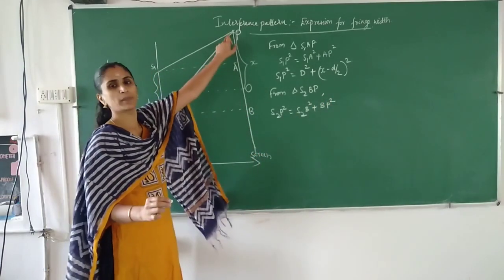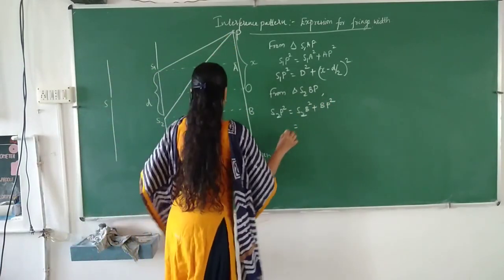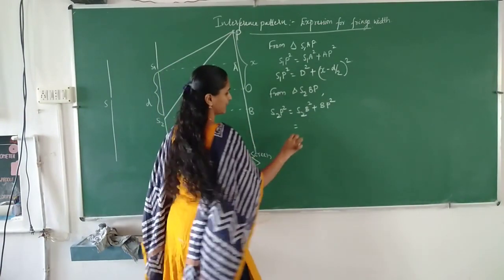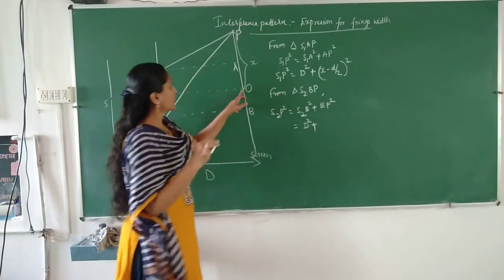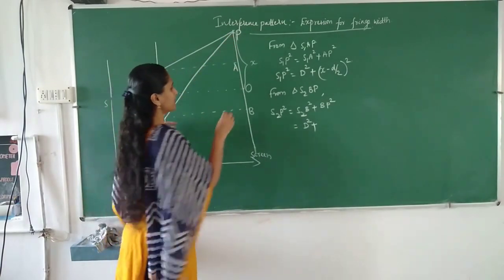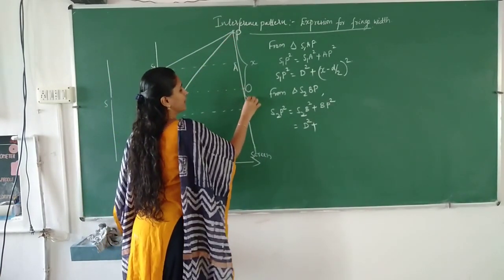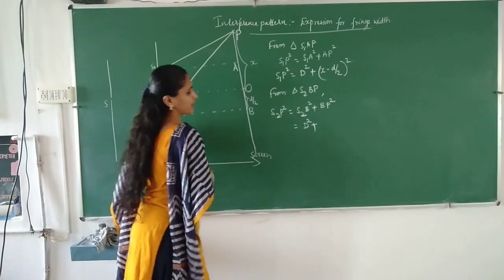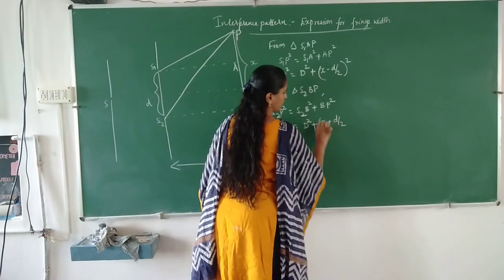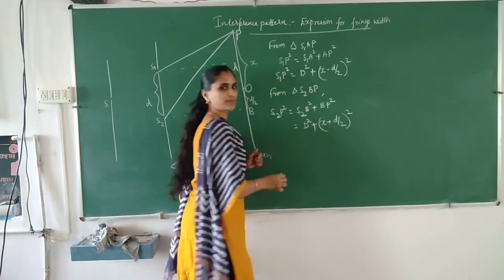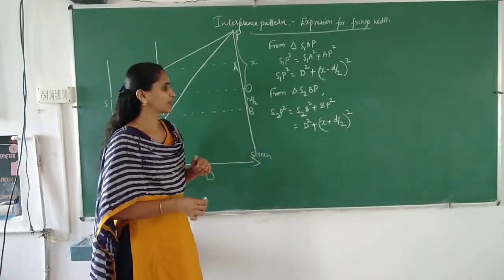S2B is D, so D square, and BP: from O to P is x and this distance is d by 2, so we write x plus d by 2 the whole square.